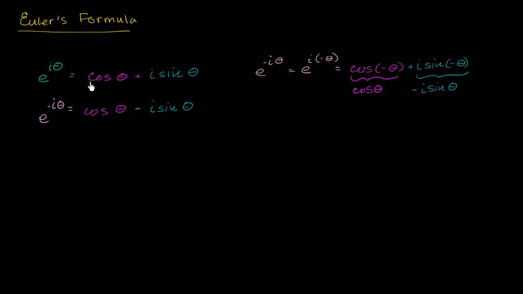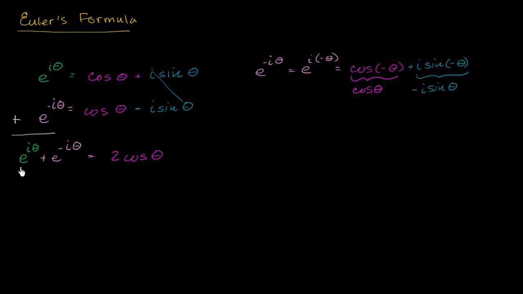If we add these two equalities, on the left-hand side we're going to be left with e to the i theta plus e to the negative i theta. And on the right-hand side, the i sine thetas are going to cancel out with each other, and we're going to be left with 2 cosine theta.